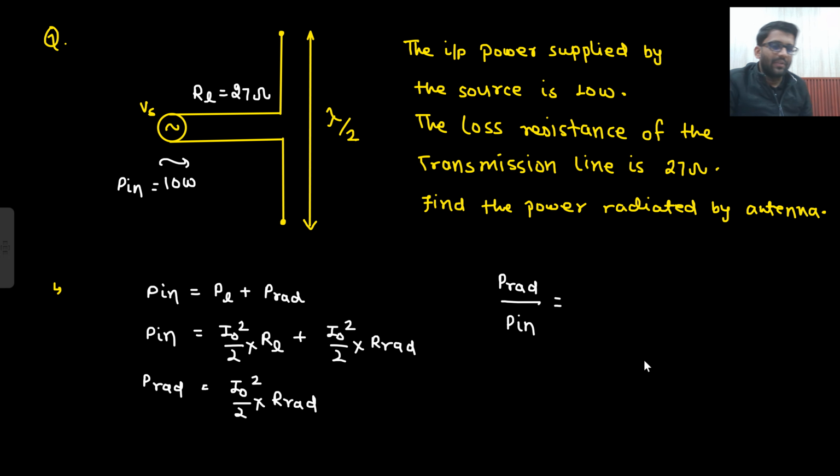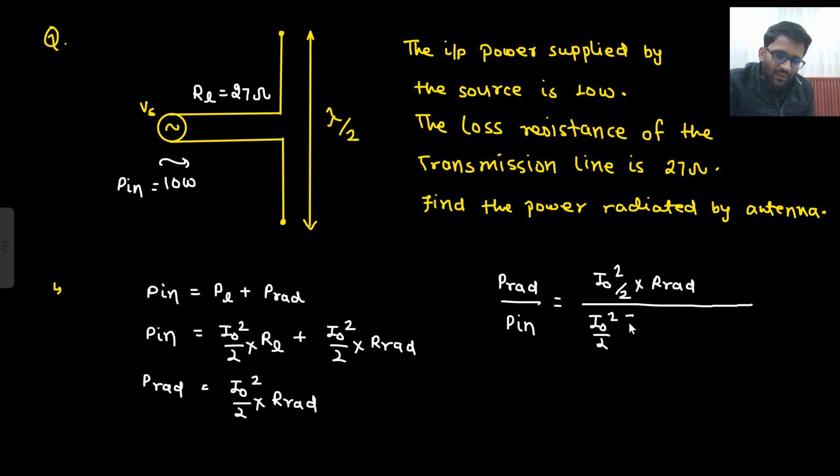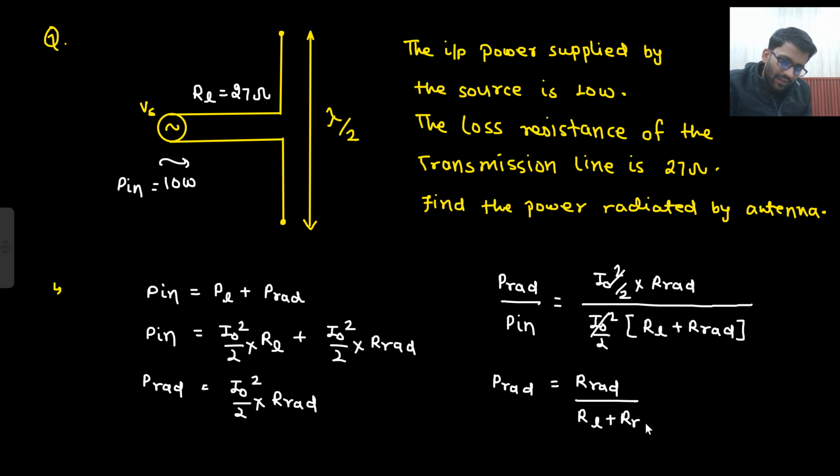P radiated is I naught square by 2 into R radiated, divided by P in, which is I naught square by 2 into RL plus R radiated. So what you are getting is P radiated equals R radiated divided by RL, the loss resistance, plus R radiated, into P in.